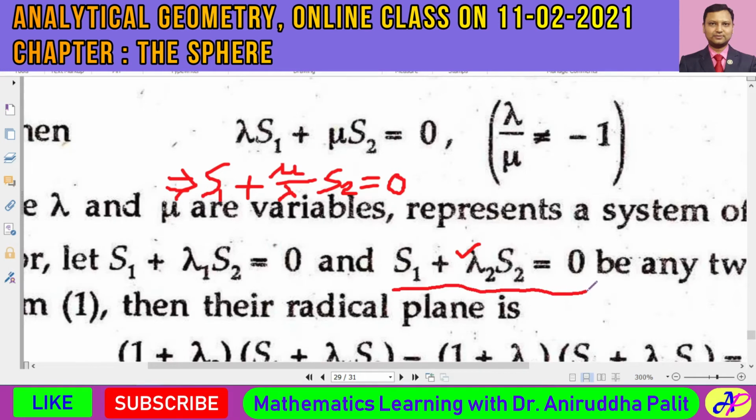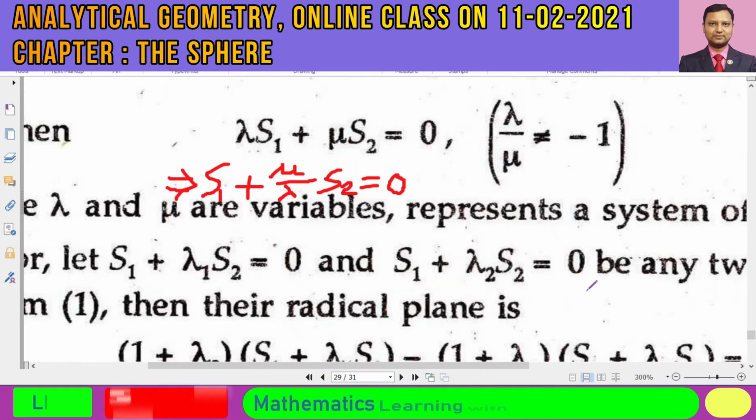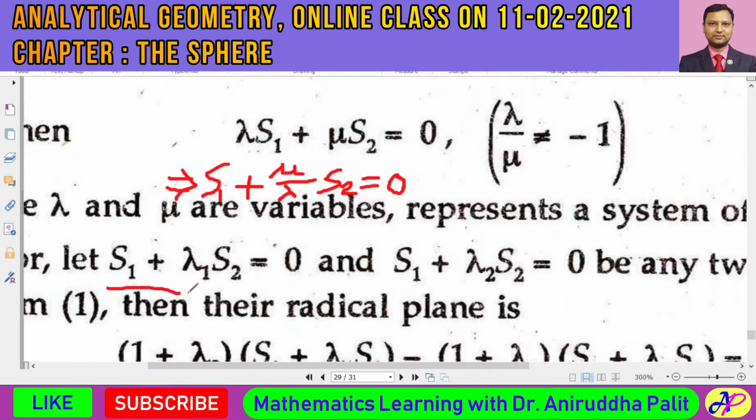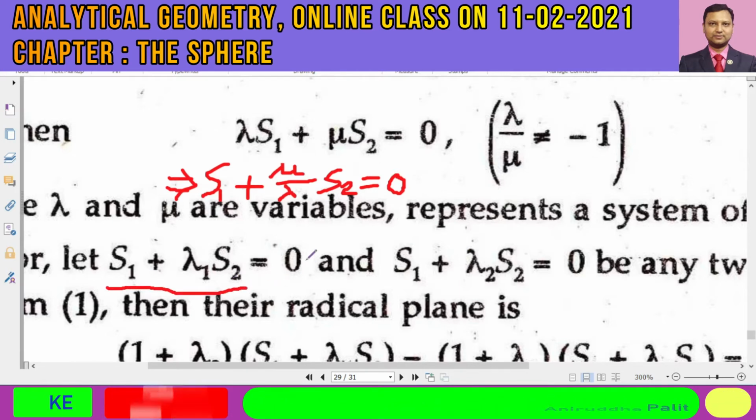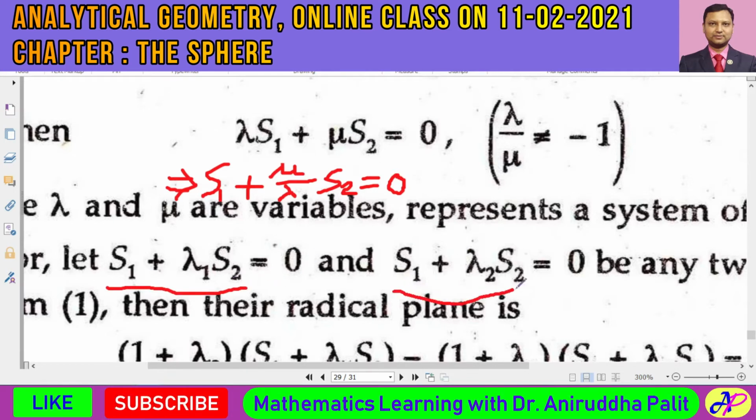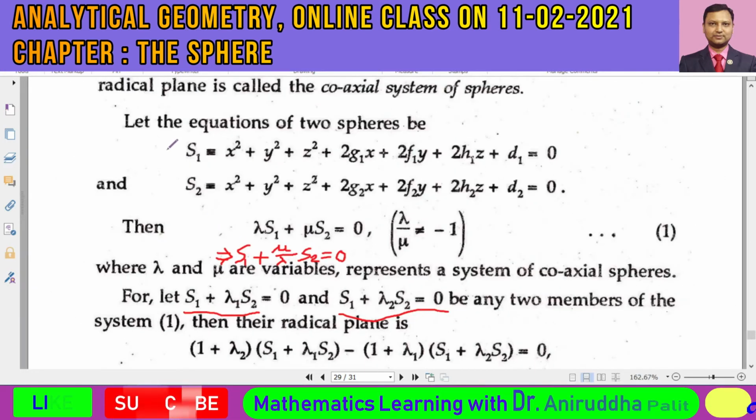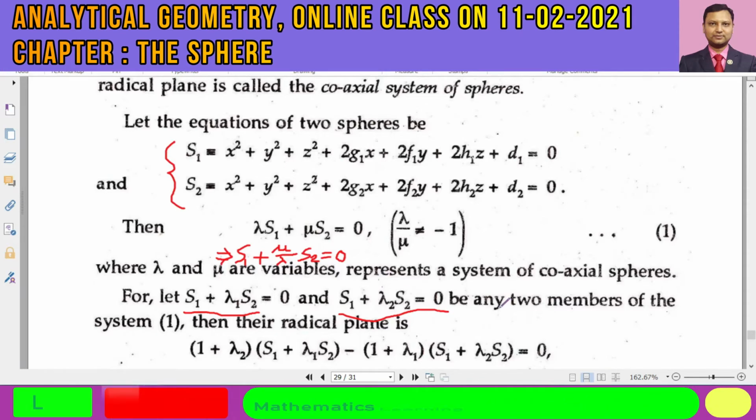Remember these two spheres, s1 plus lambda 1 s2 is equal to 0, and s1 plus lambda 2 s2 is equal to 0. These are actually two spheres generated out of the two spheres s1 and s2.